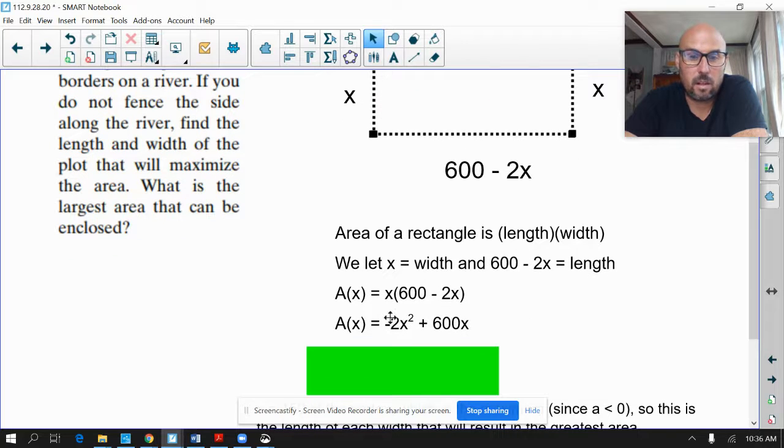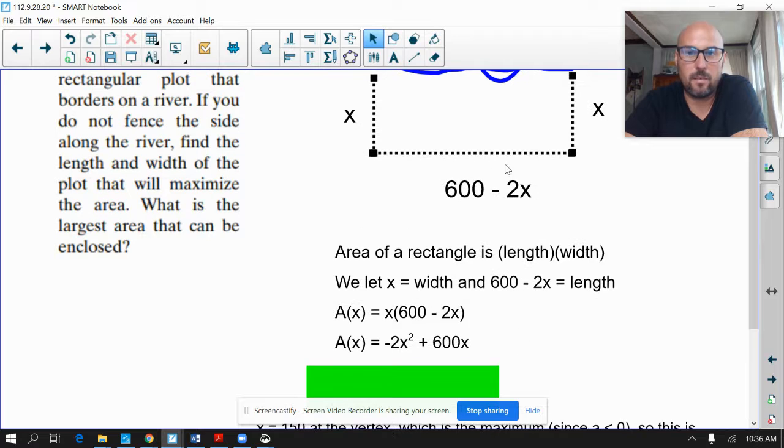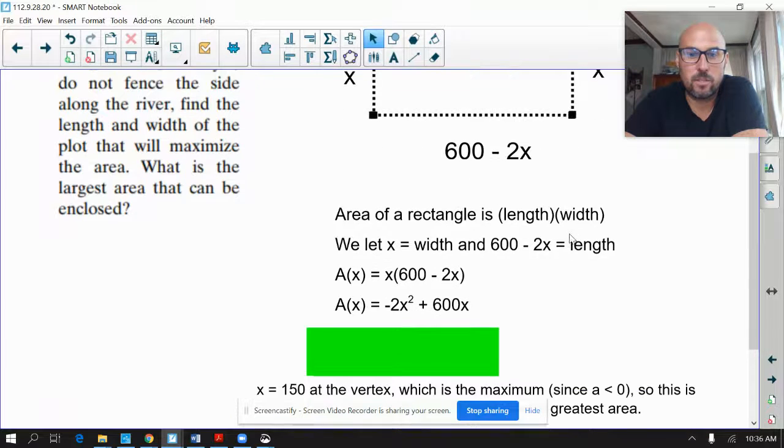This parabola generates all possible areas of this rectangular pen. It generates all possible areas. And notice the a value is negative, so that means it's facing upside down, which means it has a maximum. So there is an area that is the greatest area, greater than any other possible area under these conditions.